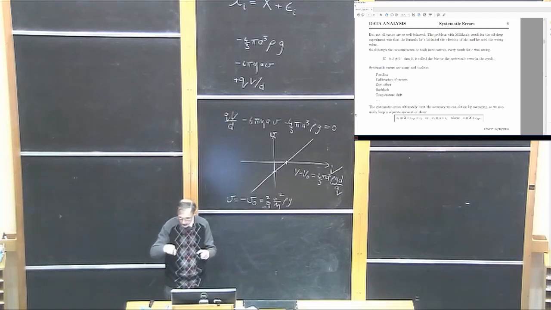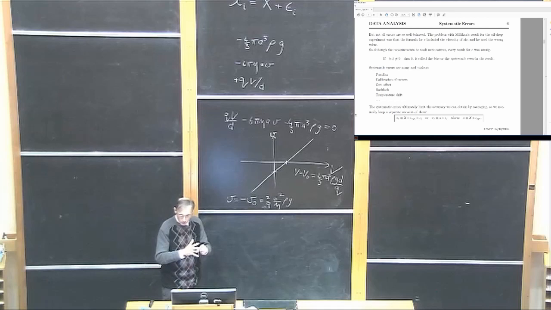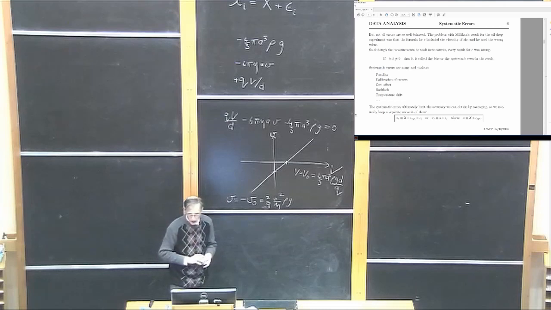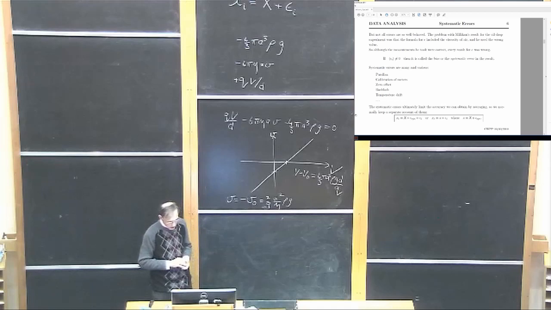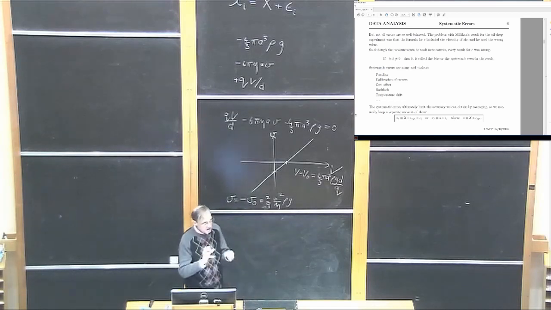It was called K sub A, I think, the calibration constant for the amp. And it was common across a whole range of experiments that all depended on very high precision current measurements, and they had to depend on the current standards that were in use, and so it was a systematic error that was common across many experiments, and it had a name, and it was actually evaluated in the evaluation of the fundamental constants. So that's the nature of a systematic error.